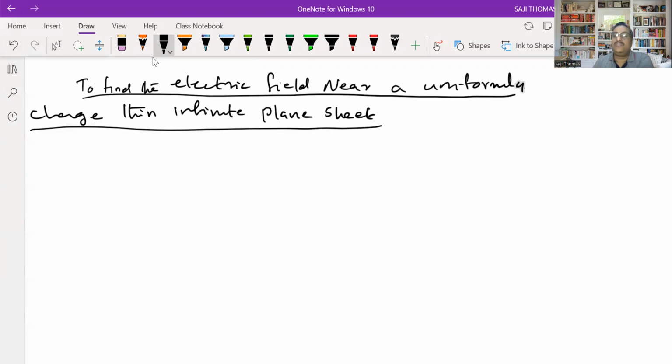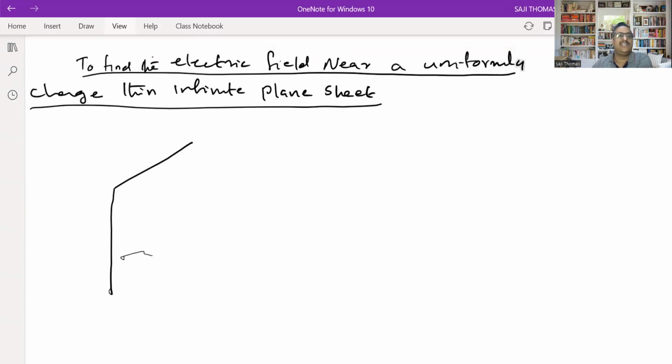It is uniformly charged. I am drawing a small section of such a sheet. See, this is a thin sheet. Imagine that it is infinite, an infinite area, thin sheet.